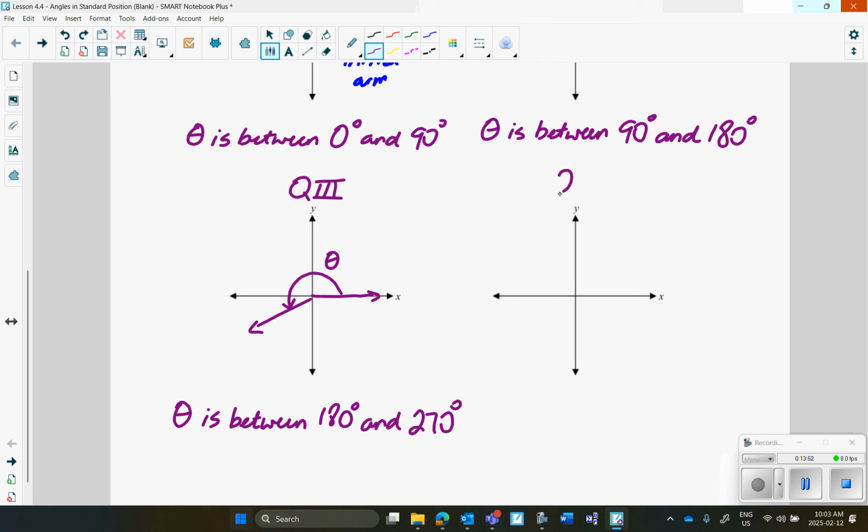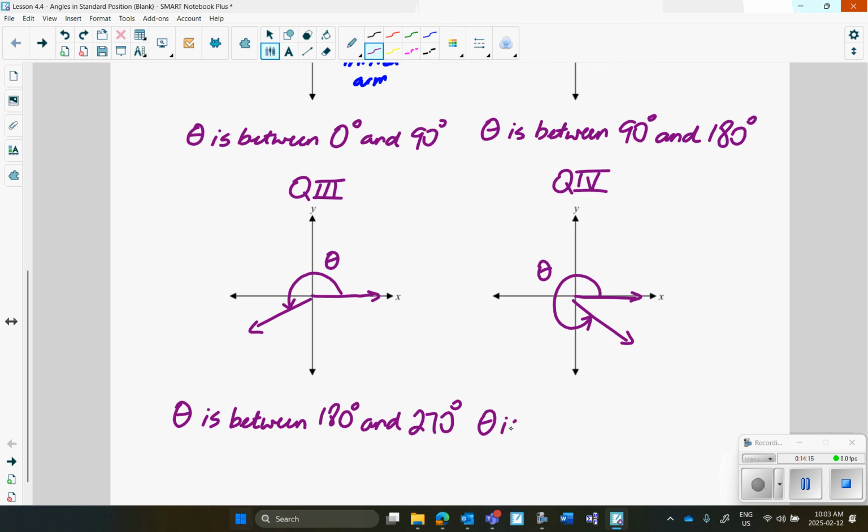Finally, in quadrant 4, initial arm. My terminal arm goes somewhere in quadrant 4, and then my angle theta would look something like that in quadrant 4. And I could draw any angle between what and what? 270 and 360.